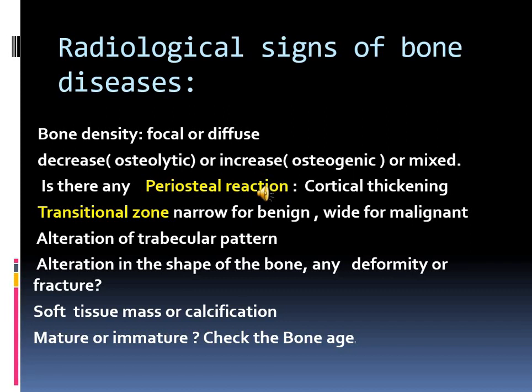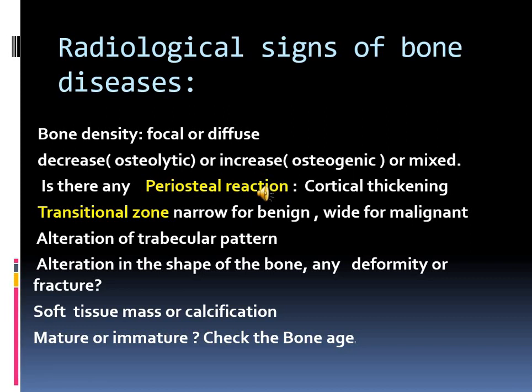An important feature also to look for is if there is any associated periosteal thickening or reaction seen in the film. Also, you should try to check the growth of the pathology, if there are any features of a benign or of a malignant tumor, according to the transitional zone, as we will mention later on.